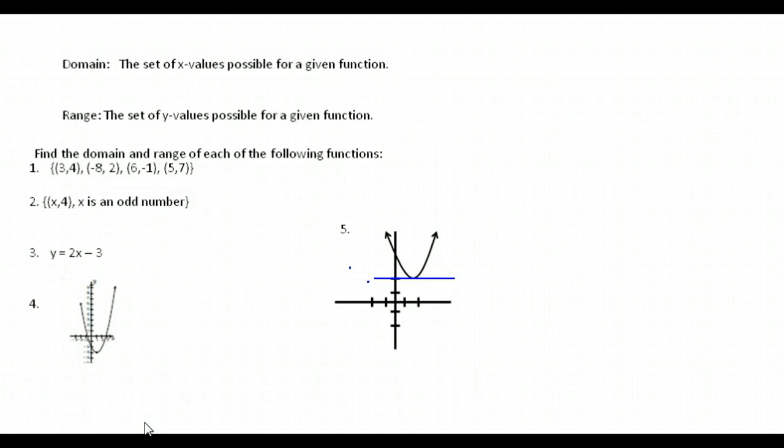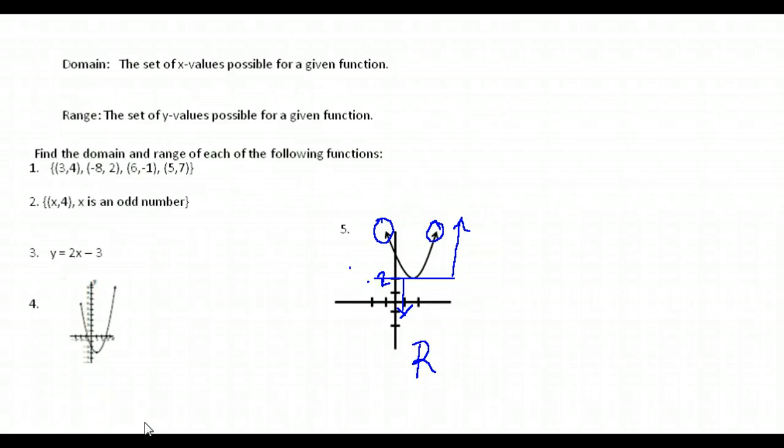Notice there's nothing below that blue line, which means we don't have any y values below that blue line, and so those numbers would not be part of our range. So anything this direction is not part of our range, only stuff above the blue line. Okay, where is that blue line? It's at 2. So our range is going to be from 2 and go up forever because of these arrows.